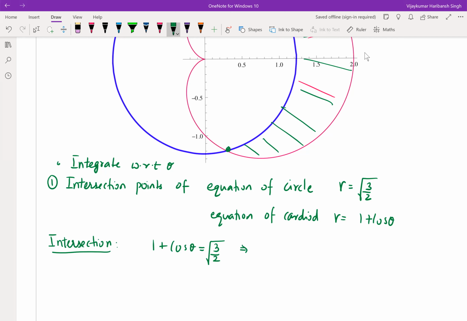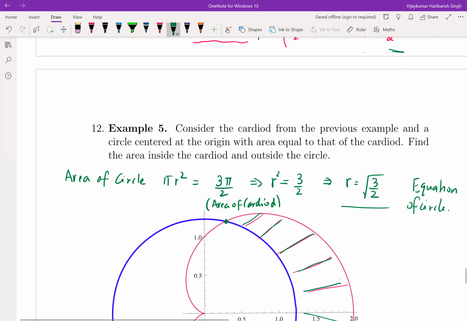This implies cos theta equals root 3/2 minus 1, which turns out to be roughly 0.225, or theta in radians is 1.344 radians. Again, I did this computation using a calculator. Now we want to find the area of the shaded region.